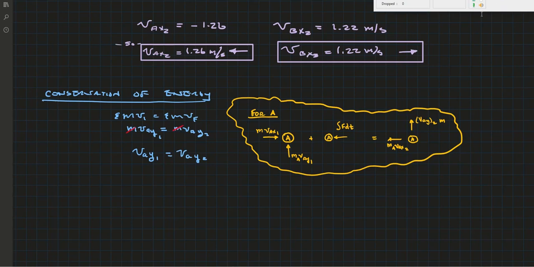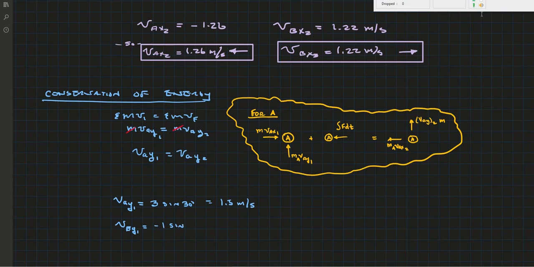So calculating our velocity in the y direction initial for A, it's going to be 3 meters per second times sine of 30 degrees this time, which equals 1.5 meters per second, and the velocity of B in the y direction initial equals minus 1 sine of 45 degrees.